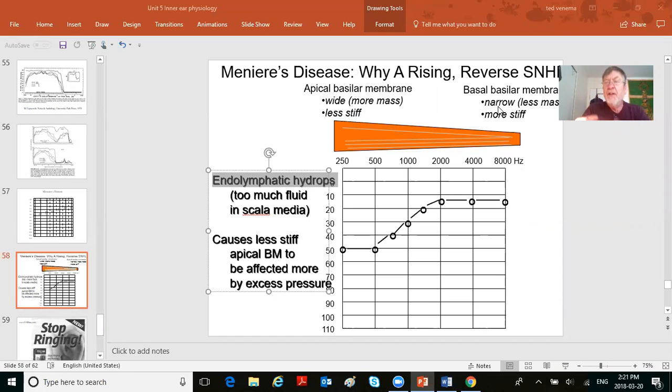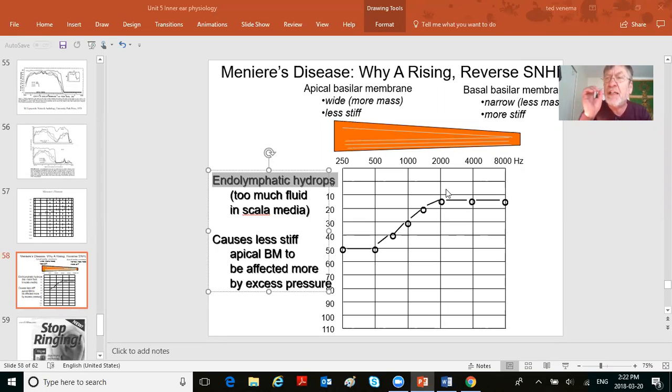So if you start pumping excess fluid into the scala media, where do you think the walls are going to bulge? They're going to bulge where the walls are less stiff, mostly at the apex of the cochlea. And so it's going to manifest itself as a low-frequency sensorineural loss.